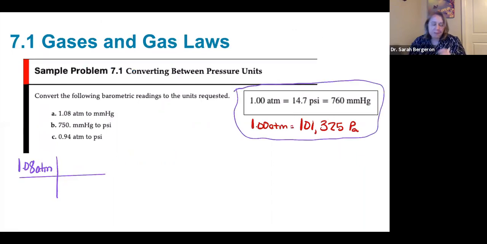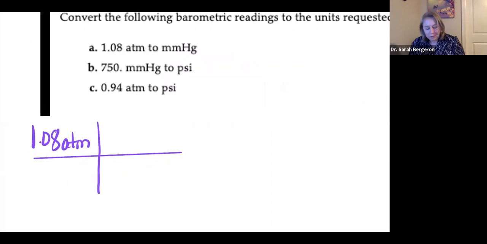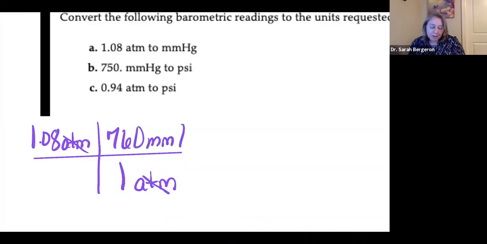These are all in, like I said, the back of the book or the PDF that's on Moodle, that's your exam material. So I know that in one ATM, and I'm going to put ATM on the bottom because I want my units to cancel, I have 760 millimeters of mercury.